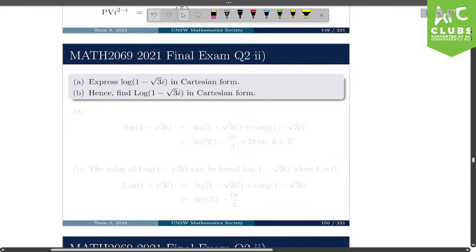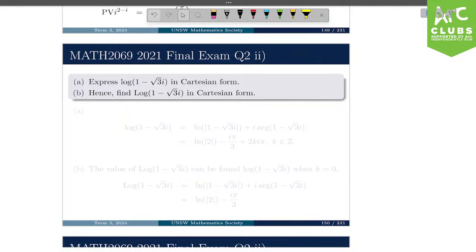Next question we have is from the 2021 final exam, question 2, part 2. Express log of i minus root 3i in Cartesian form, and then hence determine the principal log of it in Cartesian form again.